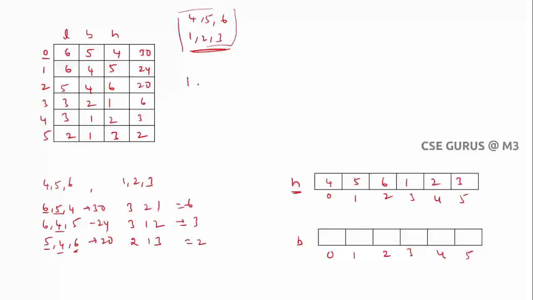Now here the concept of longest increasing subsequence will come into the picture. So I am checking whether box 1 can be kept on top of box 0, box 2 can be kept on top of box 0 or box 1, and box 3 can be kept on top of box 0, box 1 or box 2.